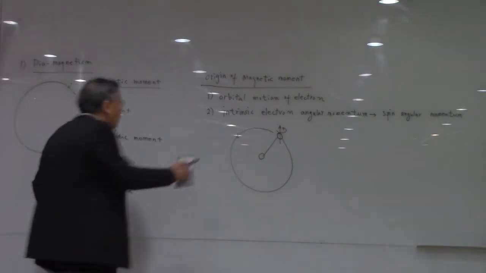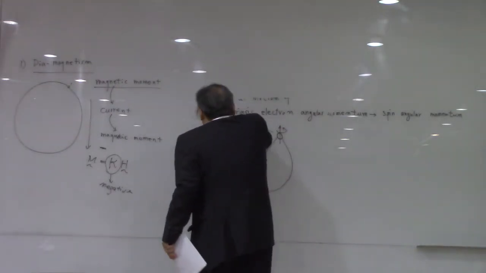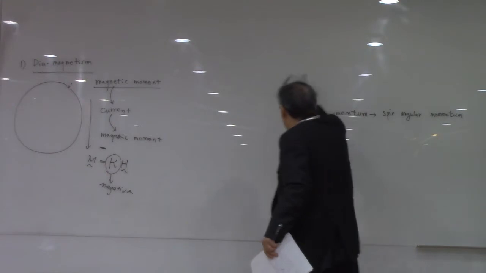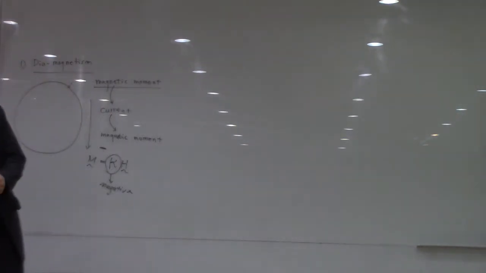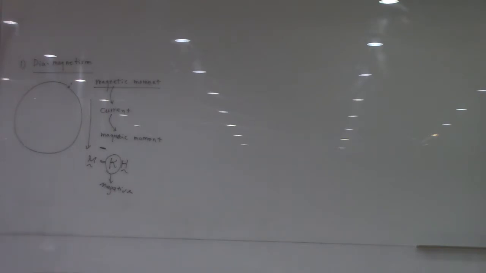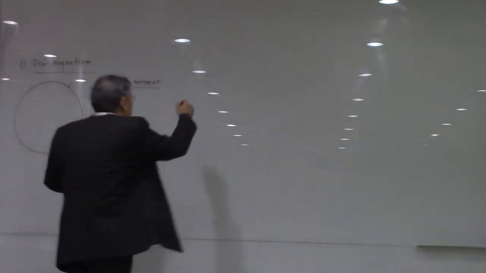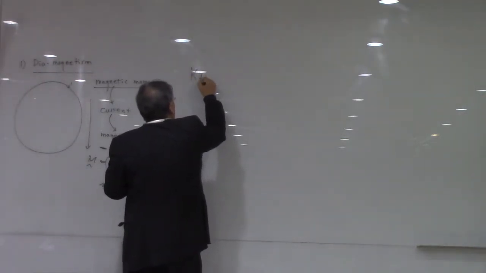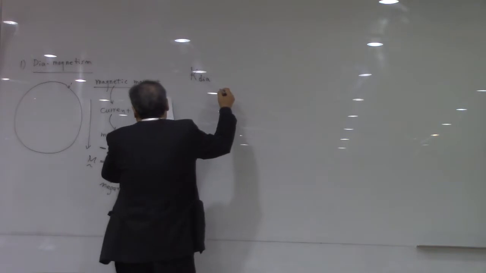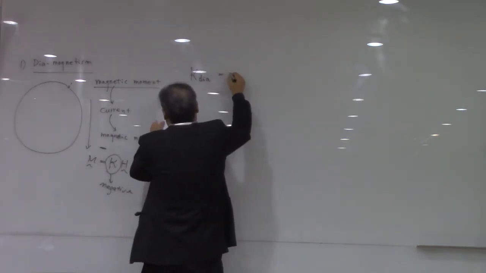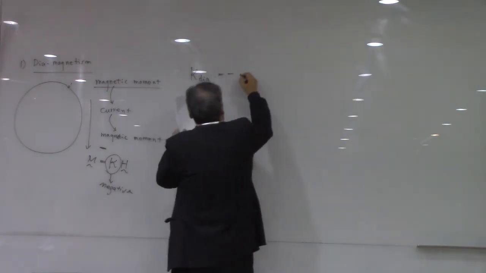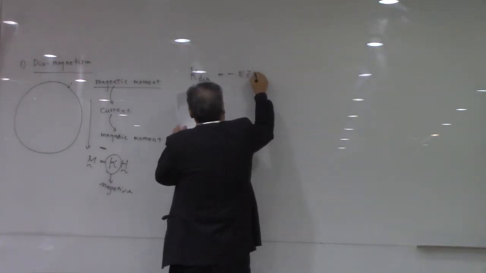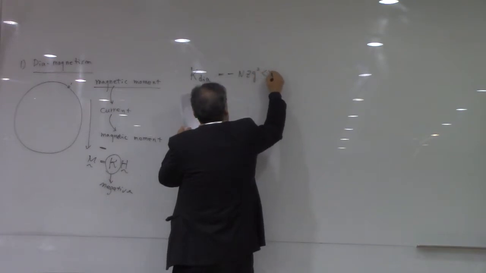And you can look into the text for the details of this, and then you'll find that this magnetic susceptibility of diamagnetism has a minus sign, and Z q square and then R square.